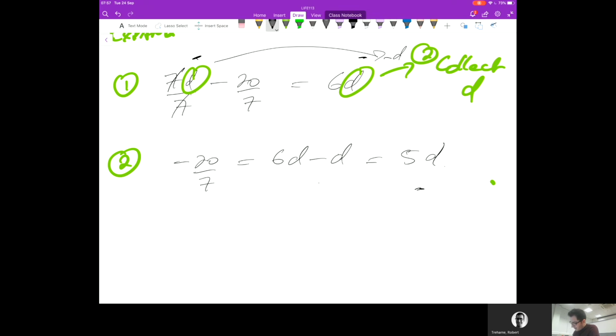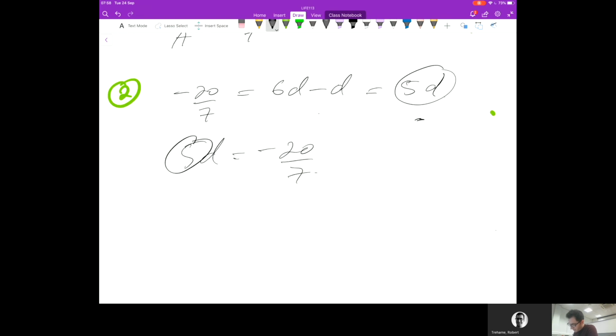Okay. So even though my D is on the right here, I can always rewrite that as 5D is equal to minus 20 over 7. Same thing. Now to solve that, all I've got to do is get rid of this 5 here. The 5 is multiplying D, so to get rid of it, I can divide both sides by 5.